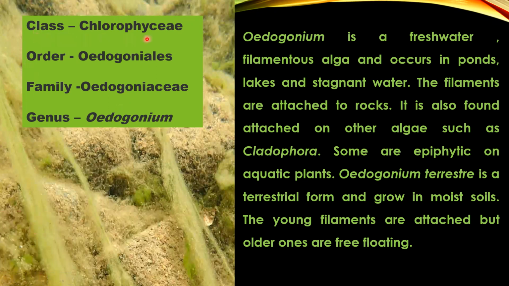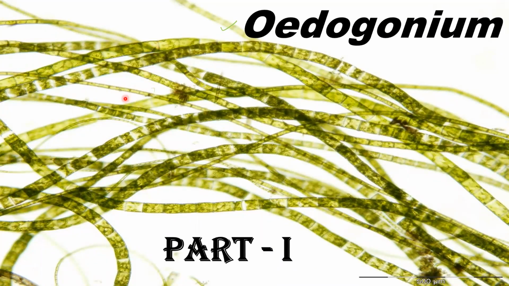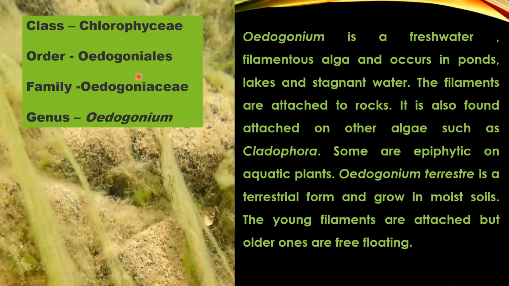It belongs to the class Chlorophyceae. It's green in color, see? So you can understand it contains chlorophyll and therefore it belongs to Chlorophyceae, order Oedogoniales, family Oedogoniaceae, and genus Oedogonium, right? Please remember this systematic position.